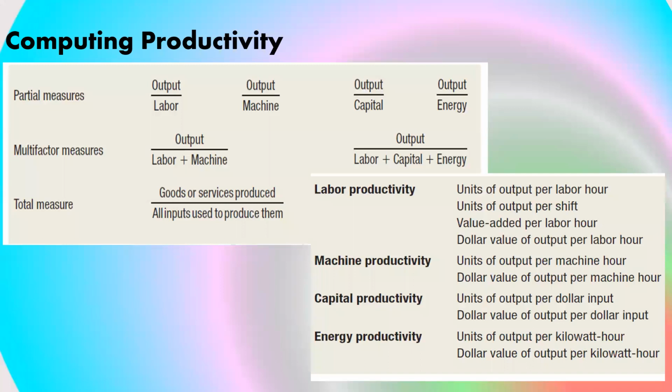If it is the machine, the machinery that does all the things, it is units of output per machine hour, or the dollar value of output per machine hour, it depends. Capital productivity is units of output per dollar input. So if you input $1, what is the output? Energy productivity is the kilowatts or electricity used every time you produce something.